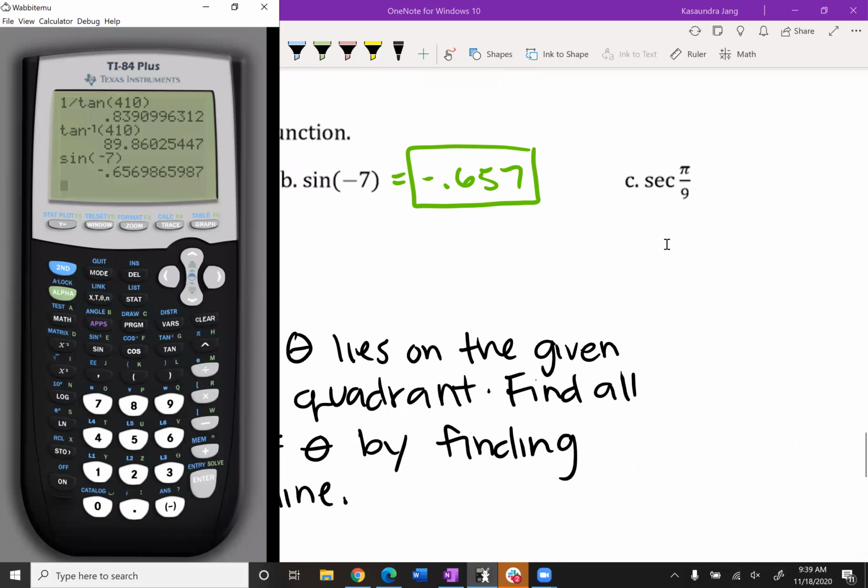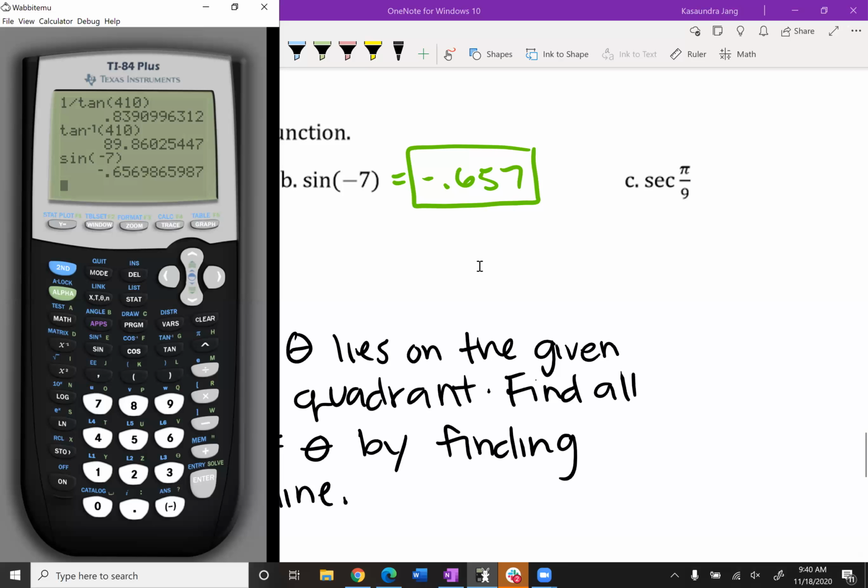Let's see here, this one, secant. First things first, am I in degrees or radians? Radians, okay. Second thing, do I have a secant button? Ooh, I don't have a secant button. So in that case, Kislev, what is the reciprocal of secant?